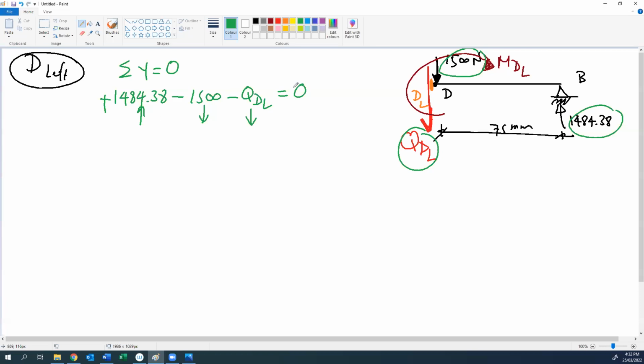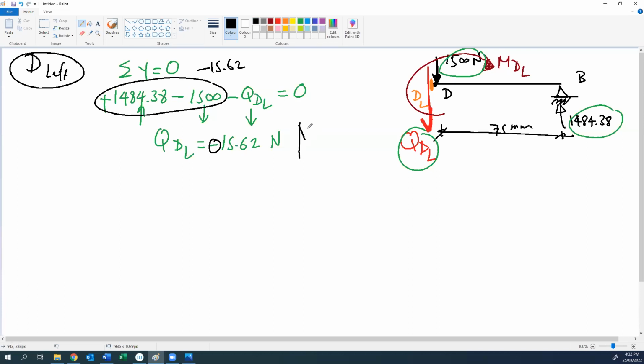From this equation, you will find that QDL will be negative 15.62 Newton, because these two together will give us negative 15.62. Negative sign means that the shear should be going up, not down.